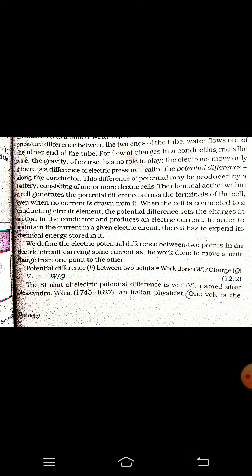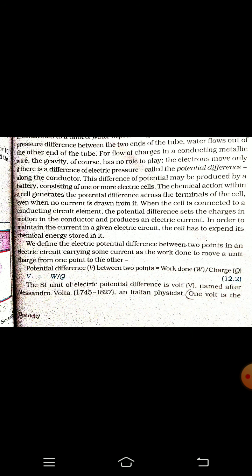See, if we are defining 1 volt, that means in the formula we keep everything as 1: 1 potential difference is equal to 1 joule of work divided by 1 coulomb of charge. Simple. Therefore, we can write 1 volt is equal to 1 joule divided by 1 coulomb. As I said, if we keep everything 1, we can define 1 volt easily.